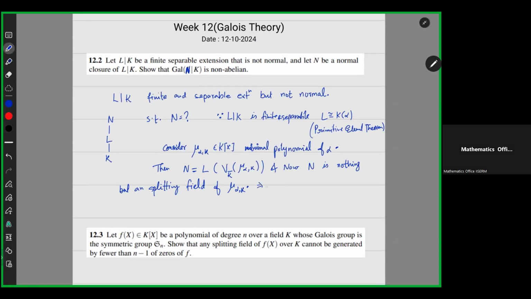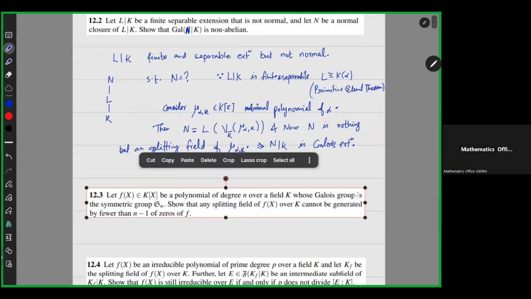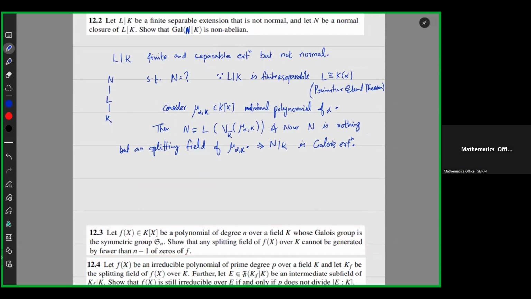This implies N over K is a Galois extension.